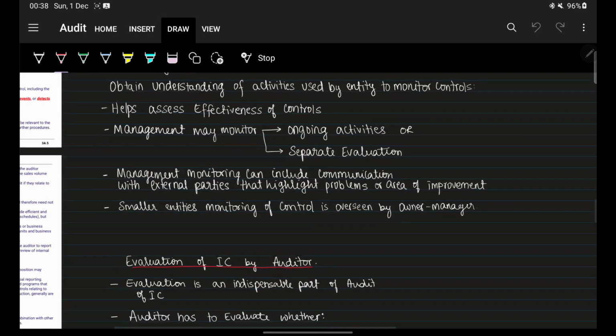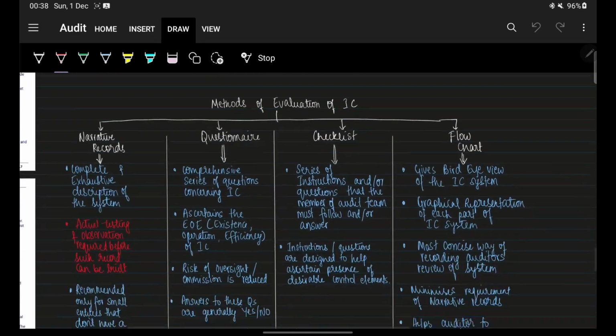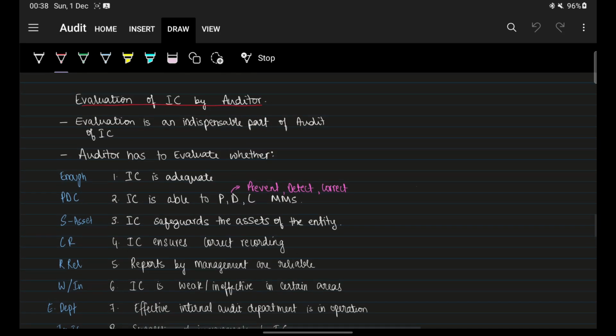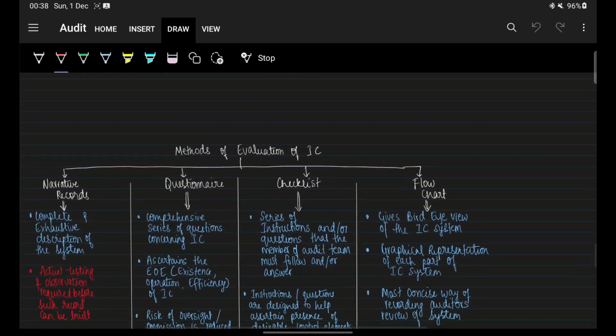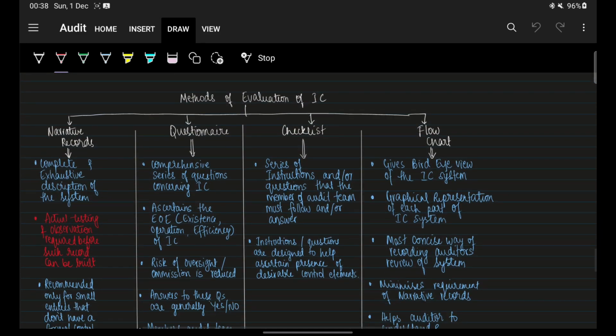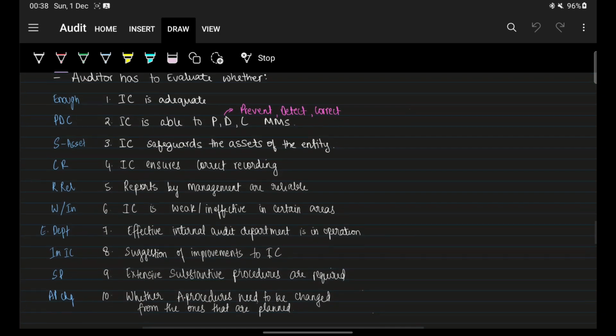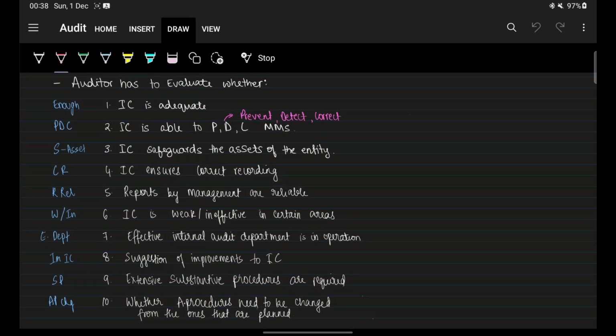Okay, there are two more topics: what has to be done during an evaluation of internal control, and what are the methods of evaluation. If these two parts are done, I think it will be done.